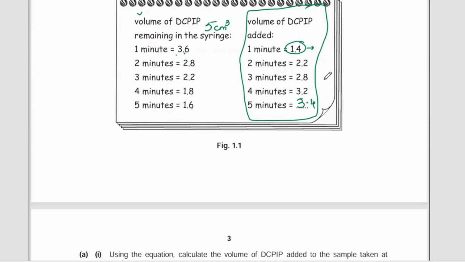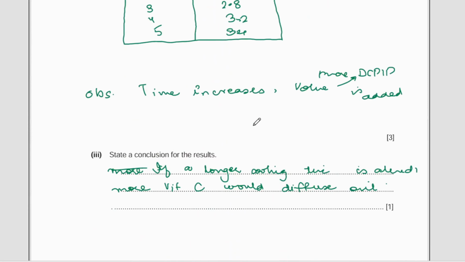That's why we are writing: if a longer cooking time is allowed, more vitamin C would diffuse out of your cube. And what sample have we used? We have used citrus fruit in the start.